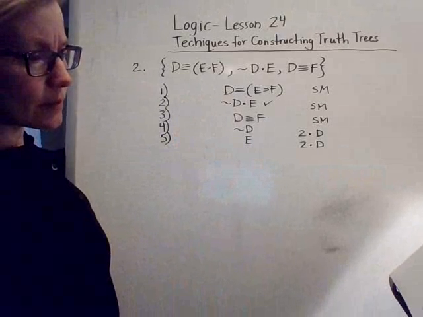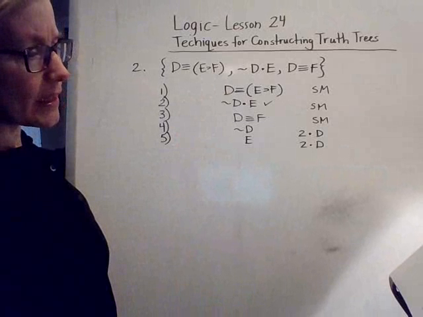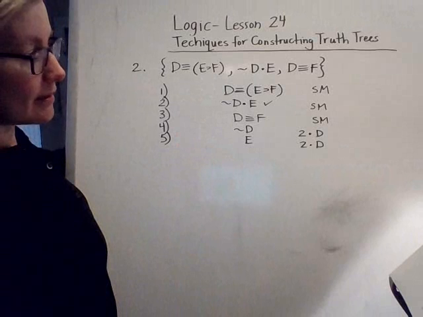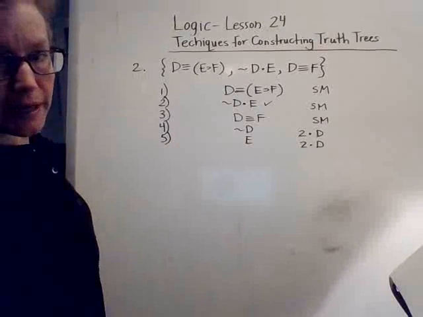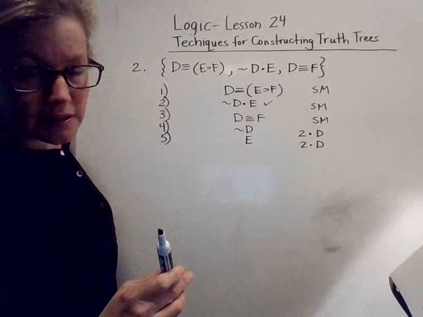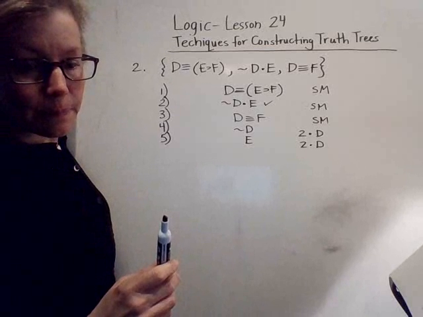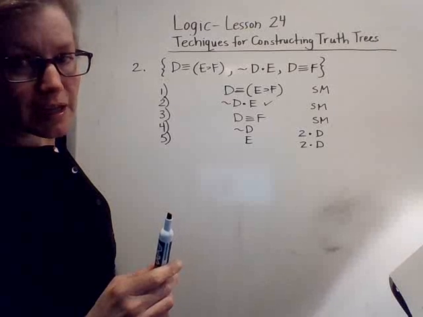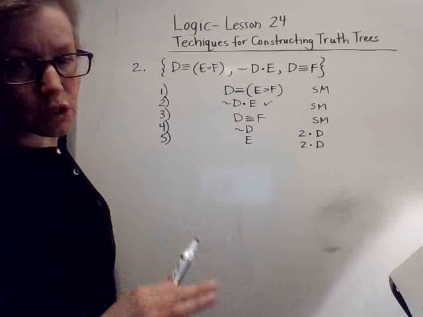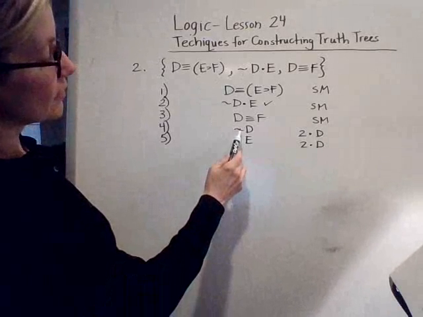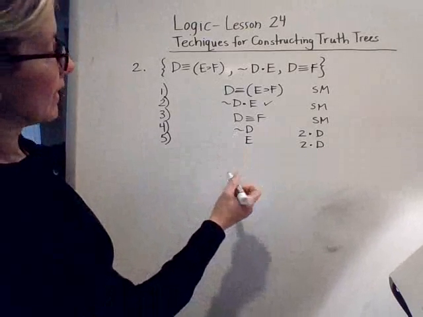All right, next I'm going to decompose line 1. The reason we choose line 1 is that it's going to allow us to close a branch. So first you want to do non-branching members, and then you want to look to see if you can close any branches. You'll see that when we decompose this, we're going to be able to close a branch.